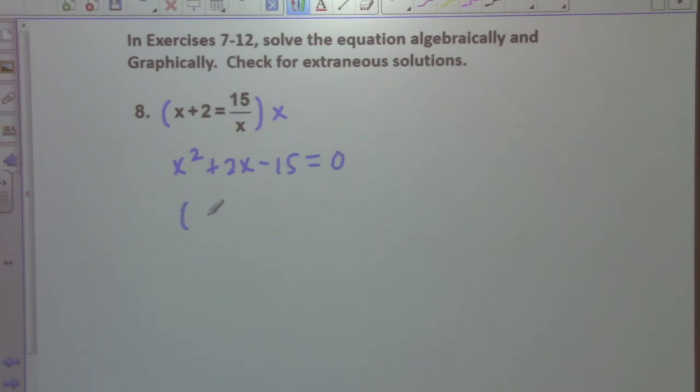So you have x minus 3 equals 0 and x plus 5 equals 0, and then x equals 3 and negative 5.